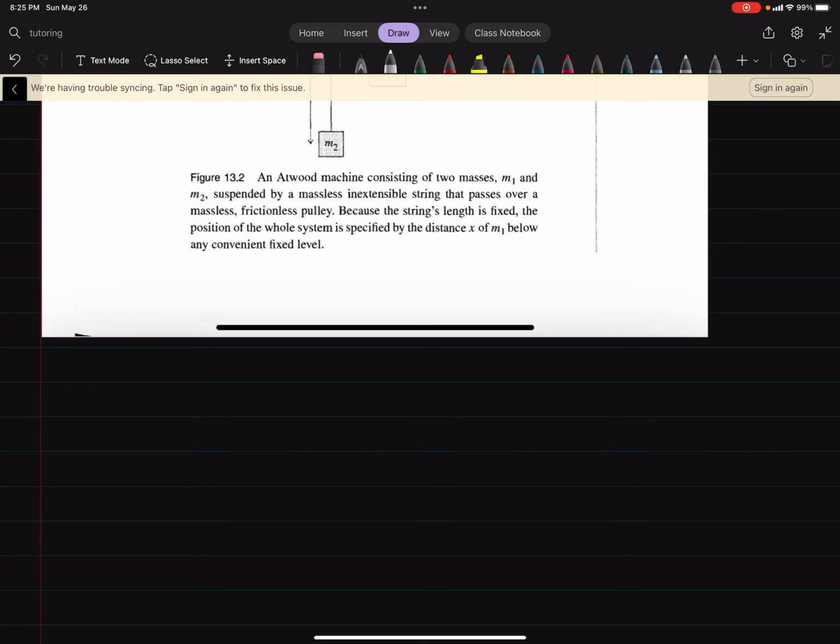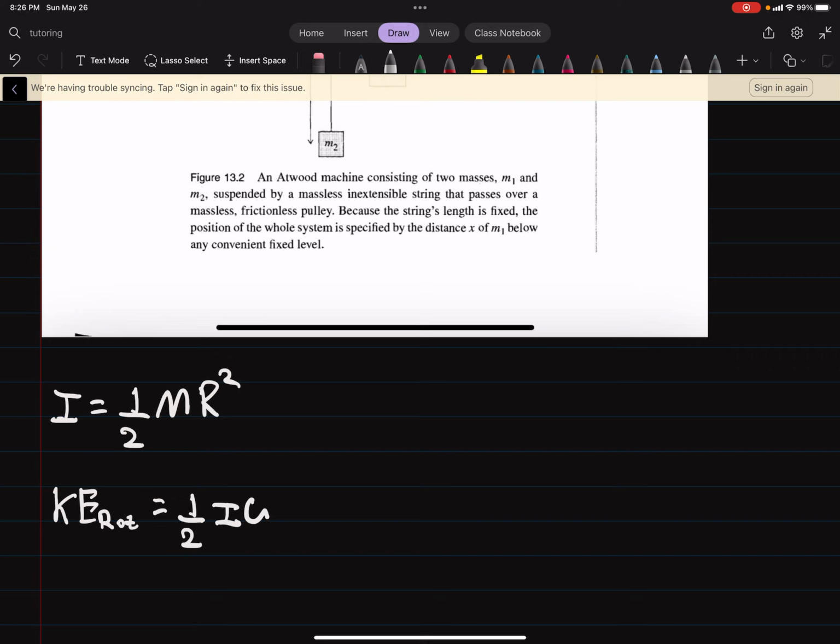So to begin with, for a uniform disk, our moment of inertia I is 1/2 mr squared. Okay. And the kinetic energy associated with the rotation, so the rotational, is 1/2 I omega squared.